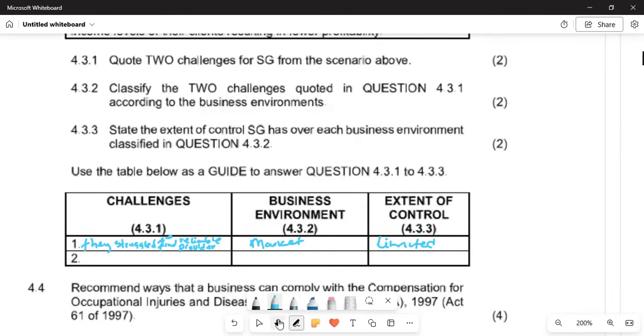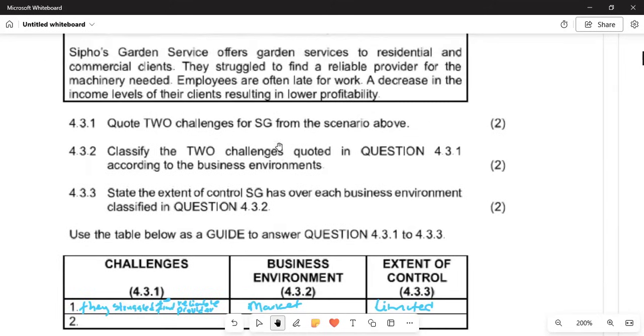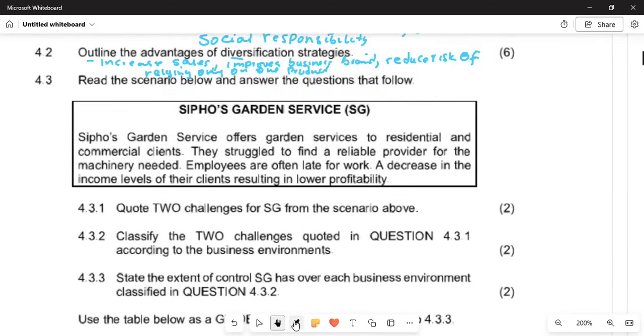So now we can go to the scenario and see that here it is. They struggled to find a reliable provider for the machinery needed. So we're talking about the suppliers.